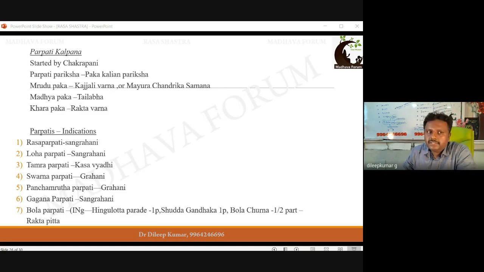And why I advise Virechana in Pradara is because of Pitta Vikruti. Virechana is the one thing that will correct Pitta, and proper Vatanulomana can be achieved by doing Snigdha Virechana. Apanavata is responsible for this Pradara, and Apanavata Vikruti is the main cause.